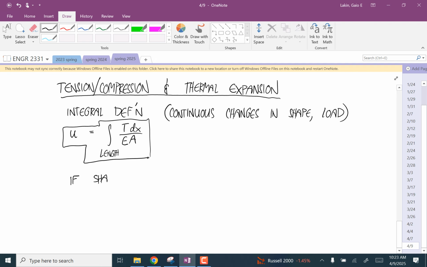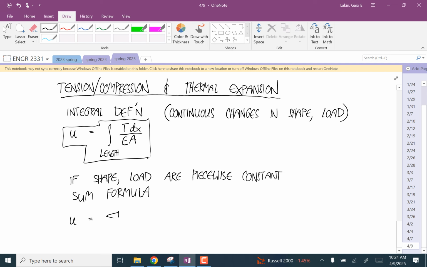If the shape and the load are piecewise constant, then you can use a sum formula where the displacement is the sum over all of the pieces that you can break it up into of T for that piece times the length of that piece divided by E for that piece times A for that piece.